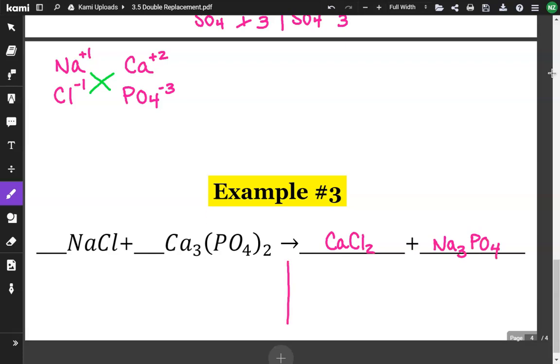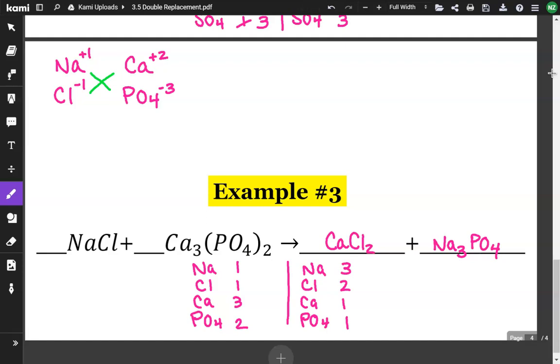All right, let's balance this out. We've got sodium, chlorine, calcium, and then phosphate. Okay, so we've got 1, 1, 3, 2 and 3, 2, 1, 1. Let's start at the top. We'll just kind of see. Oh, I already see a problem.